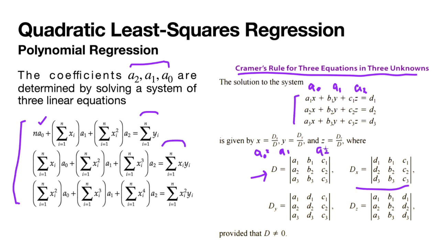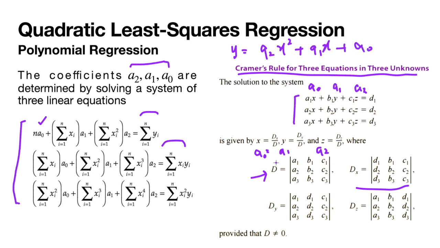After we find this, we can solve it with calculators. We can put it in the polynomial. What was our polynomial? Our polynomial was y is equal to a2 x square plus a1 x plus a naught.